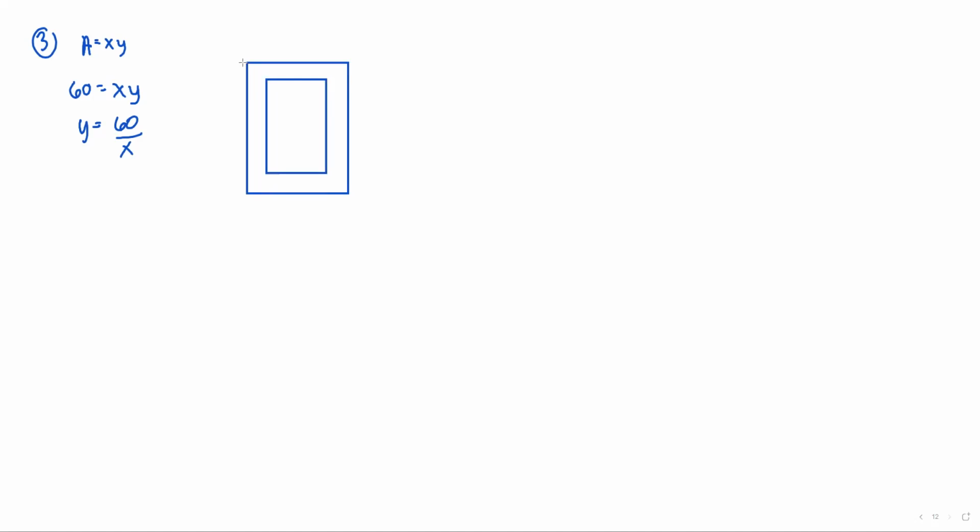Next, ito, 5, 5, ito, 3, 3. Okay? So ibig sabihin, yung X natin, ma-add siya ng 5 sa magkabilang gilid. So new area natin, guys, is equal to X plus 10 multiplied by Y plus 6. Di ba? Ganyan.